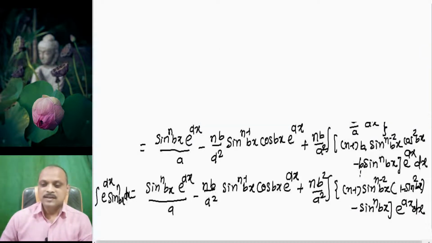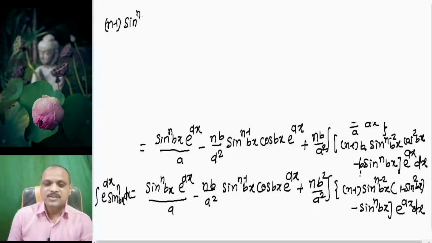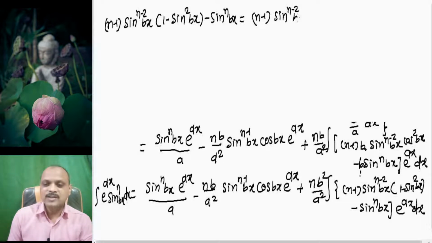You can see that n minus 1 into sin raised to n minus 2 bx into 1 minus sin square bx minus sin raised to n bx equal to n minus 1 into sin raised to n minus 2 bx minus n minus 1, this term sin raised to 2 and sin raised to n minus 2, there will be addition of indices powers, and the addition is n minus 2 plus 2, this will be n.